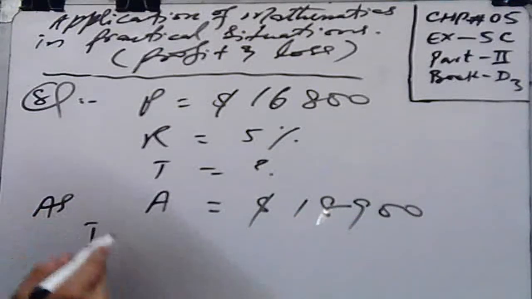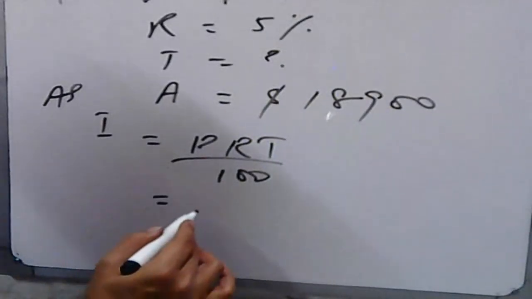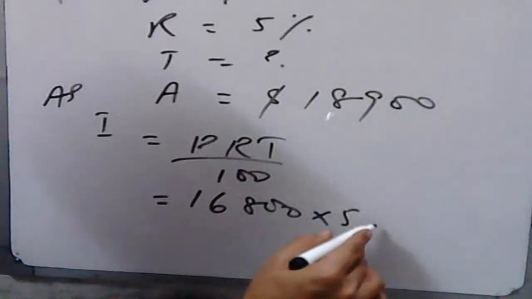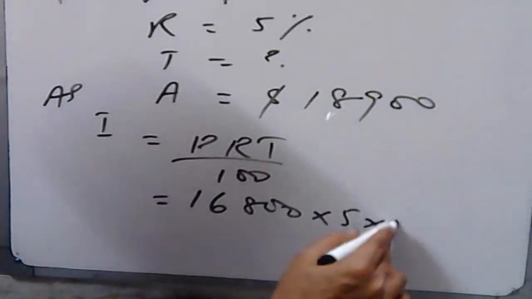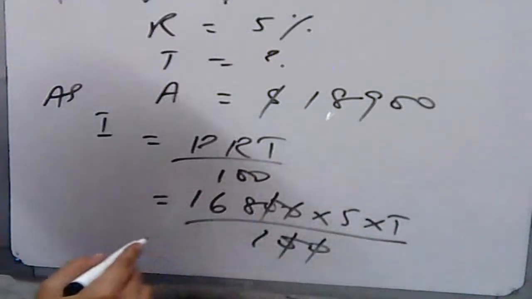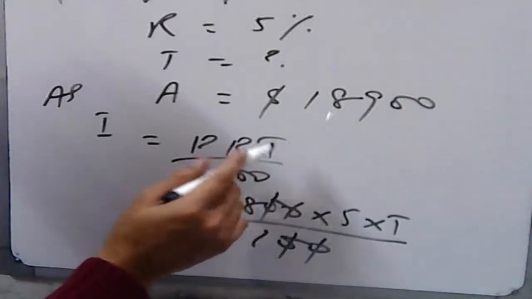So simple interest we have to find, and that is principal amount is 16800, 5% rate of interest, and time we have to find and divided by 100. This 0 will be cancelled with this one. Now if we have a simple interest, then we can calculate time period. So first of all, how to find the simple interest.